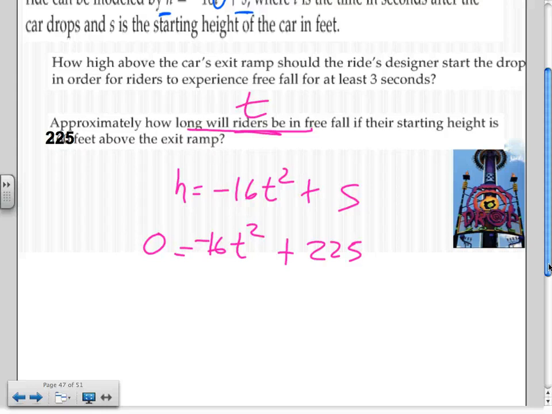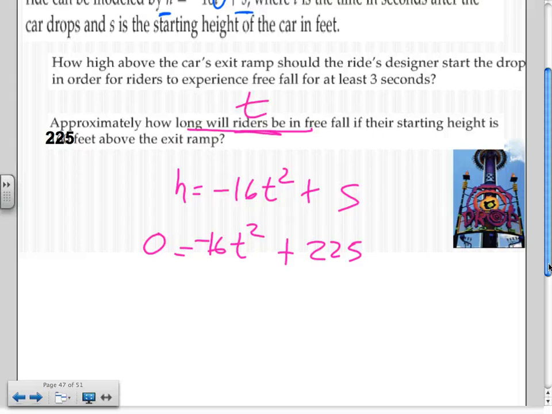This is 2 terms, by the way. Is that a perfect square? 2 terms means what? A difference of 2 squares. But is this written correctly for a difference of squares? No. So how do we write it correctly?